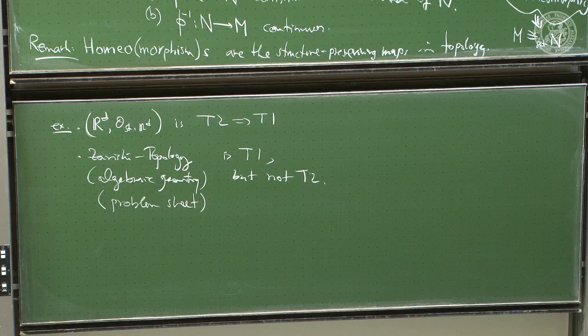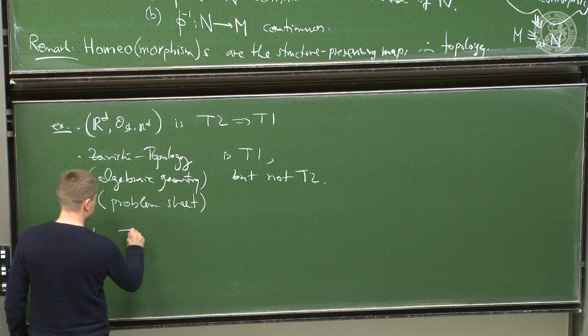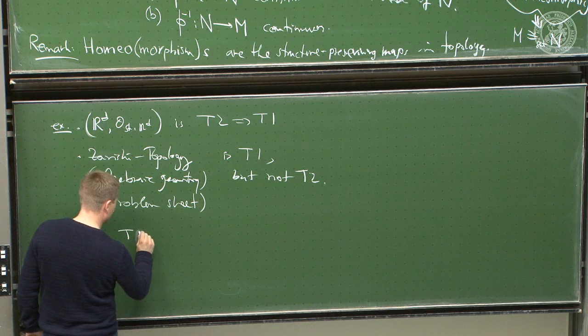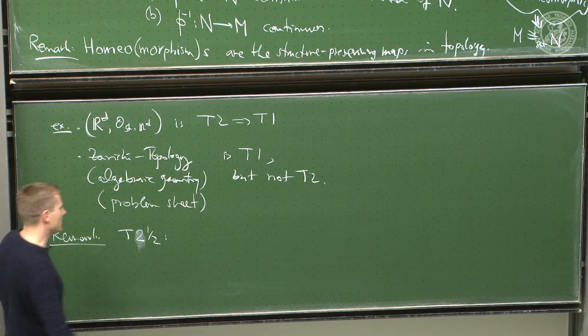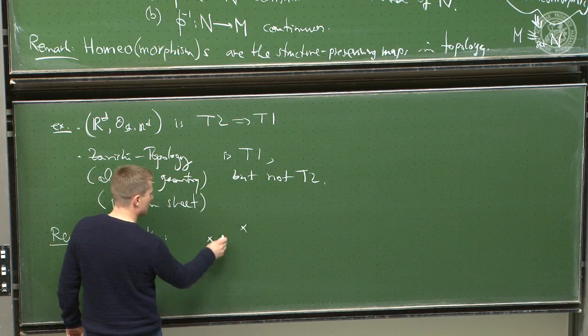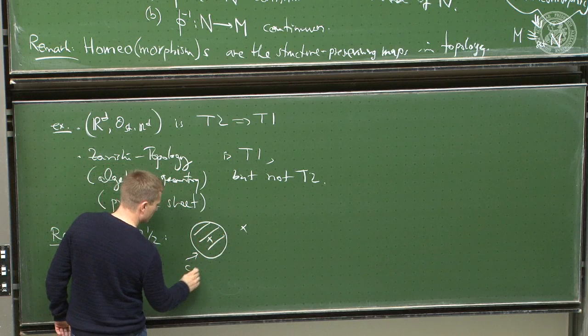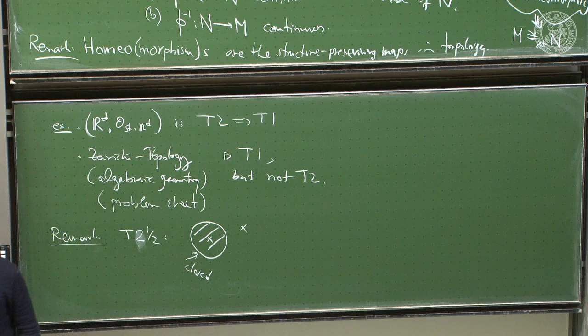And there are further separation axioms, so remark. There's also T3, and more impressively, T2.5. I like this. So T2.5 is, you have two distinct points, and around one of them there's actually a closed neighborhood, such that it doesn't intersect with the other point.